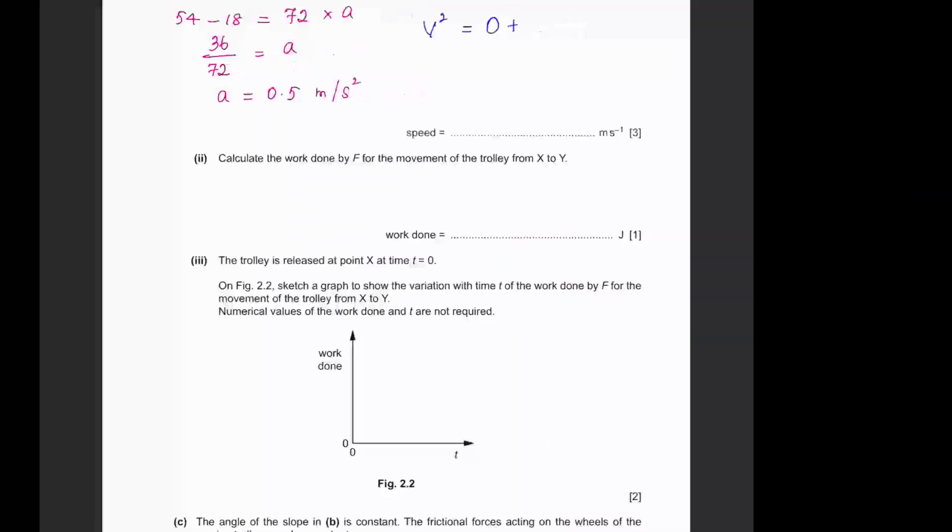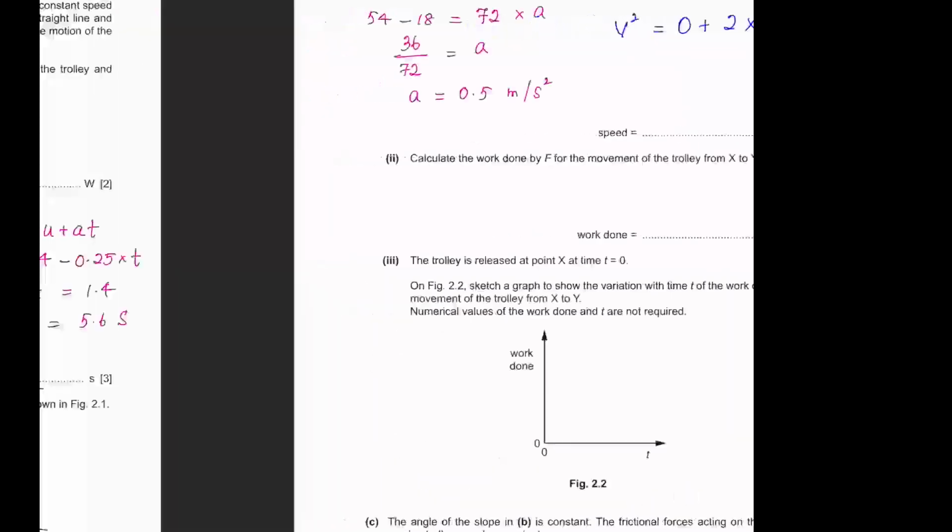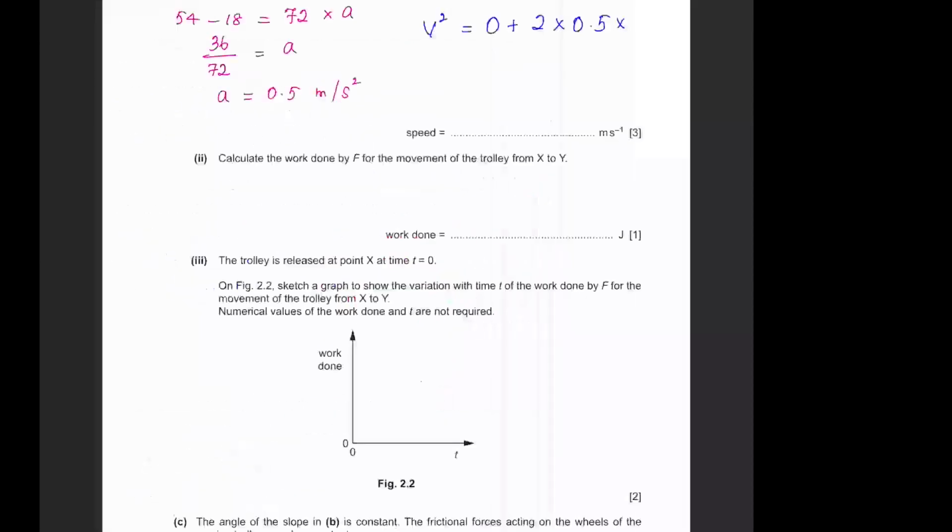So 2 times a, which is 0.5, times s, the distance, which is 9.5 meters. So v is equal to the square root of that value, which is 3.08, or to two significant figures, 3.1 meters per second.